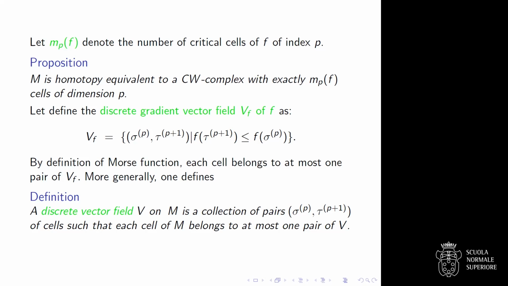By definition of Morse function, each cell belongs to at most one pair of V_f.